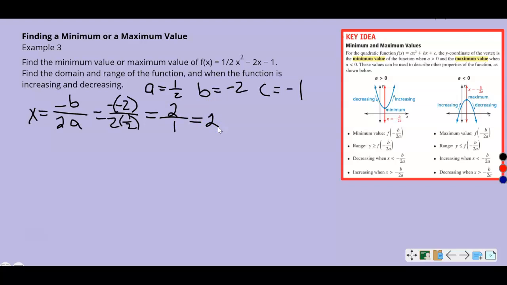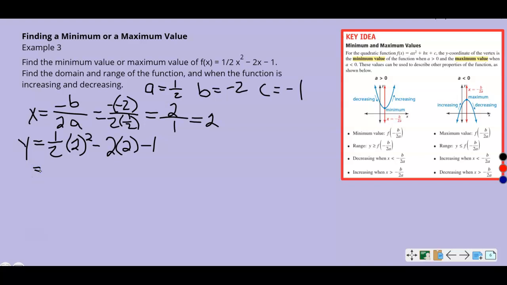Once we find our x value of 2, we can plug it back in to find the y value. So we've got 1/2 times x squared, x is 2, and then minus 2 times x, again x is 2, and subtract 1.